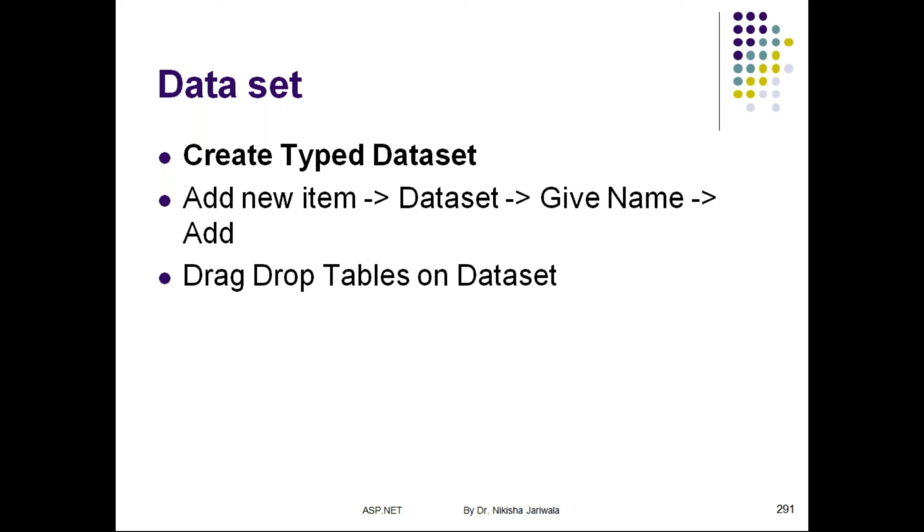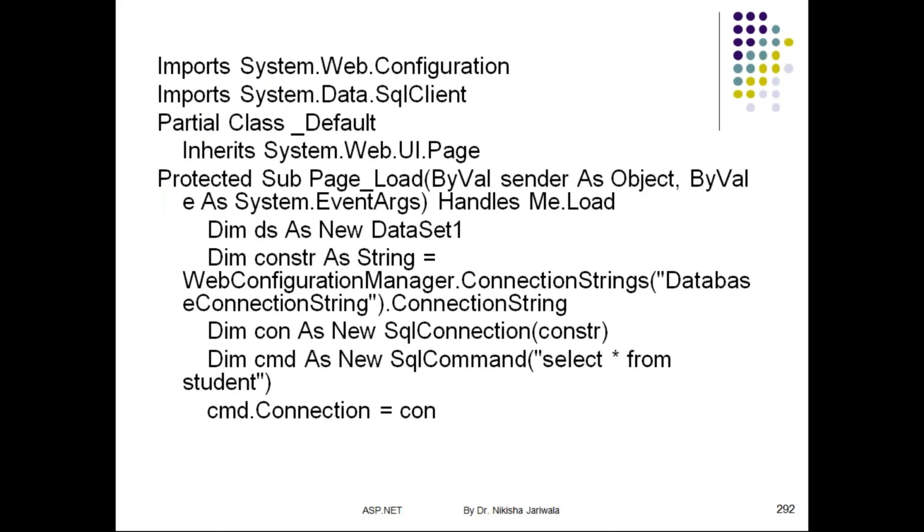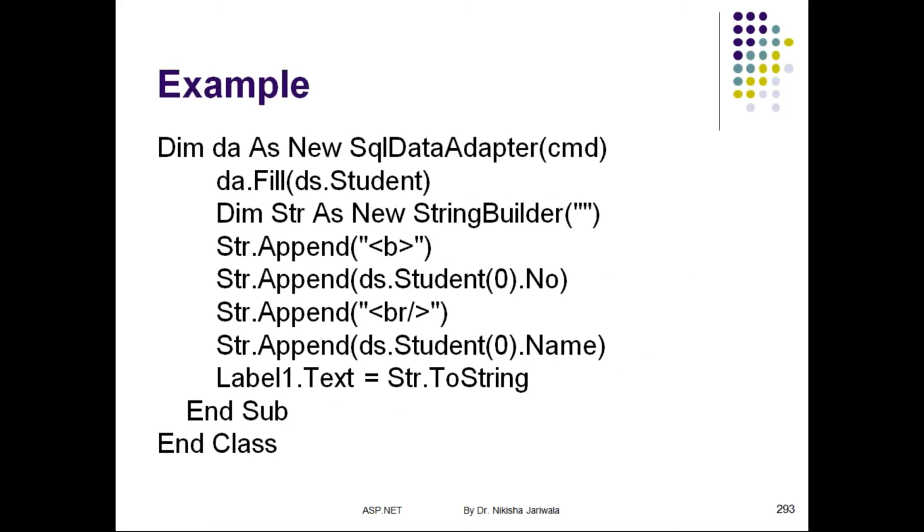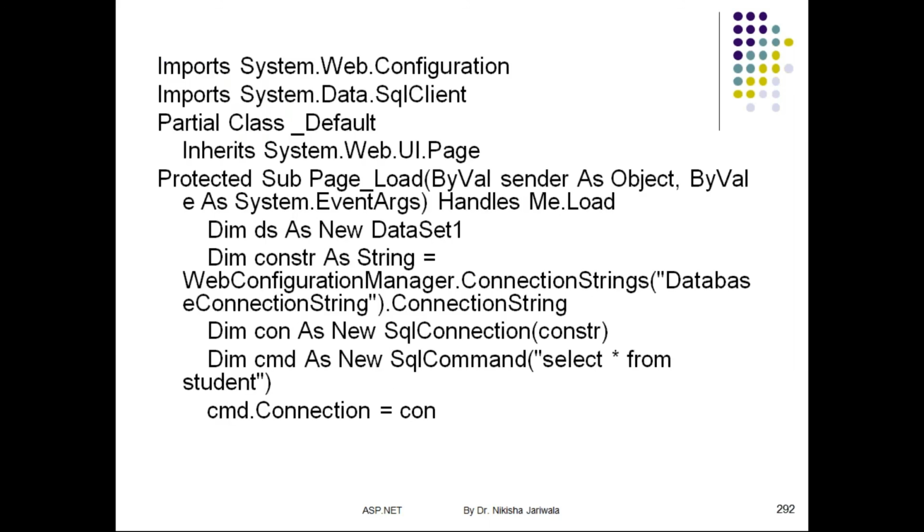After that we will get one template on which we can drag and drop all the tables from the Server Explorer that we want to use within the dataset. Assuming we have added tables within that particular dataset, we can access those tables and the values of the columns present within it.